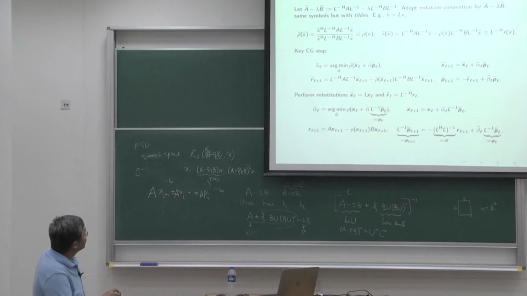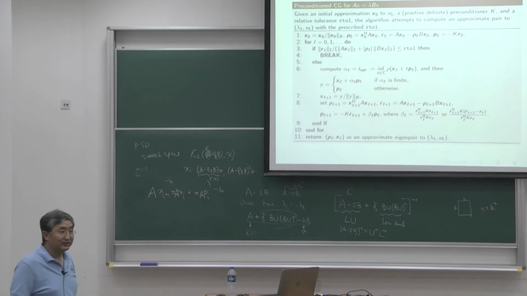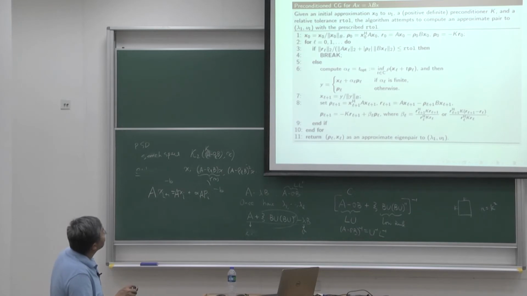So this is for the one without tilde, and instead of working with tilde, you're going to update the p. That gives you the preconditioned CG. Now let's look at the difference compared to no preconditioner. Before, p0 was equal to negative r0.